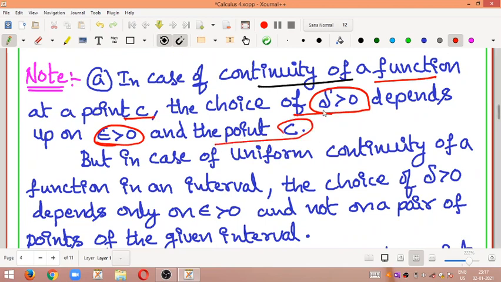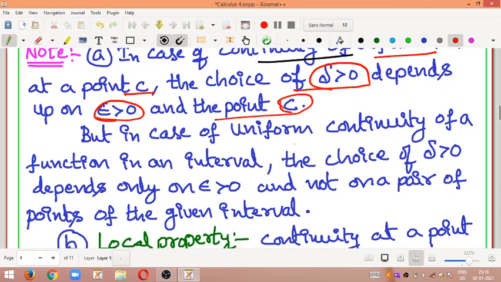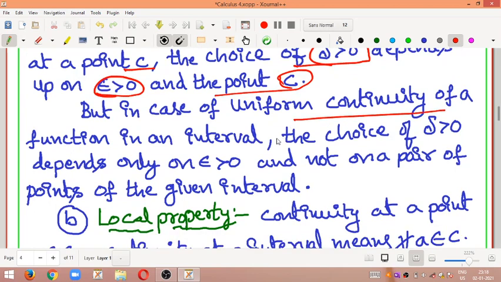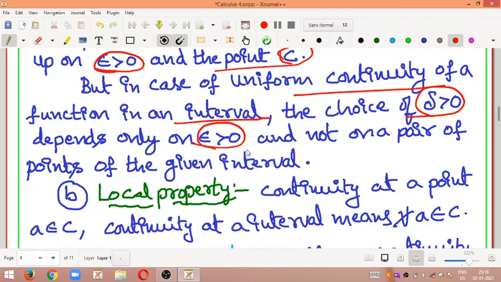But in the case of uniform continuity of a function in an interval, the choice of delta greater than 0 only depends upon epsilon greater than 0, not on the pair of points in the given interval. Okay, in the case of uniform continuity, that delta greater than 0 depends only on epsilon greater than 0, not on the given interval points, the pair of points.